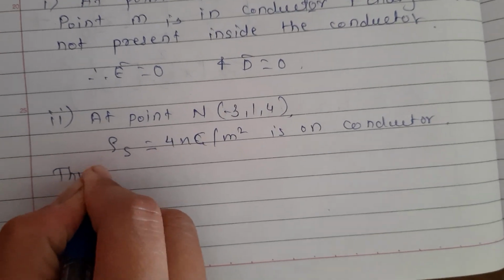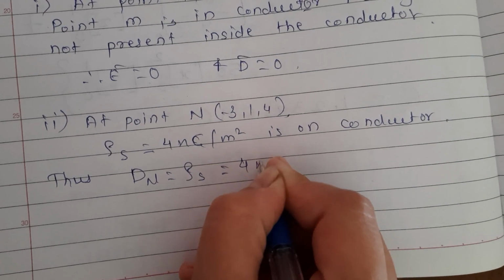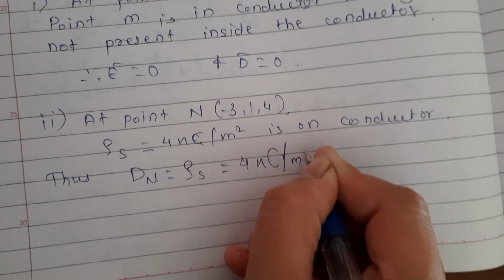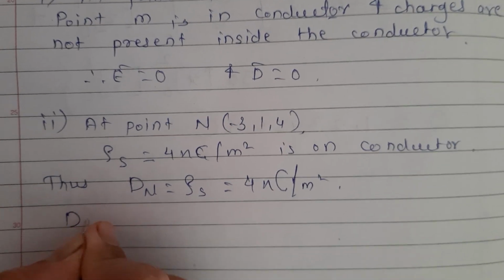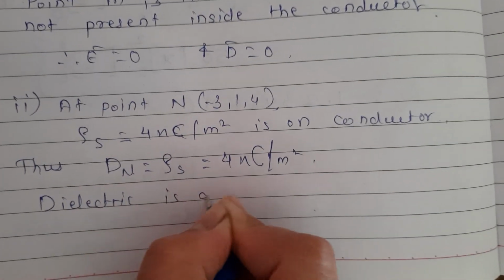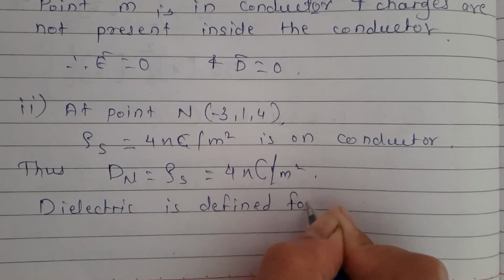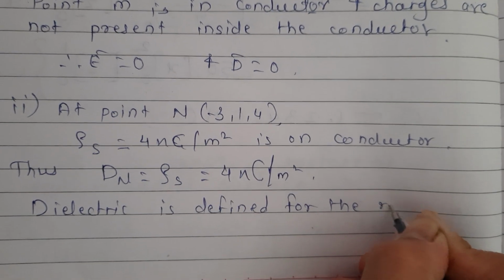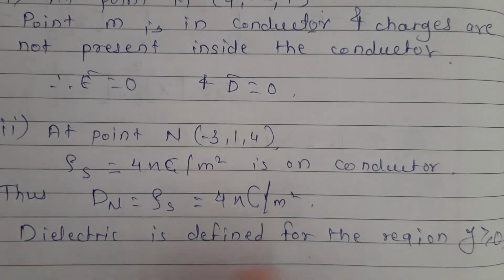Thus S is equal to 4 nanocoulomb per meter square. Now the dielectric is defined for the region y greater than or equal to 0.